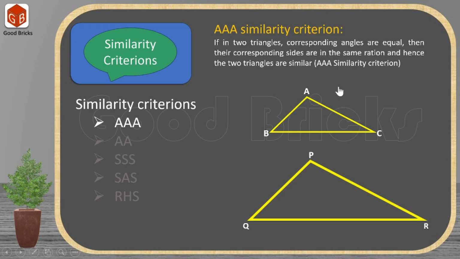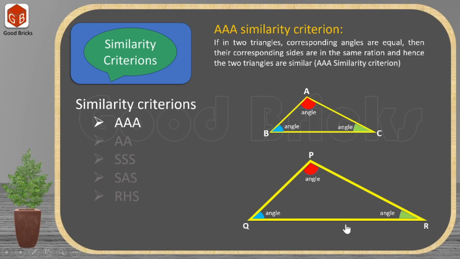See here carefully on the screen, we have two triangles: triangle ABC and triangle PQR. If you look at these two triangles, angle A and angle P are equal, angle B and angle Q are equal, angle C and angle R are equal.